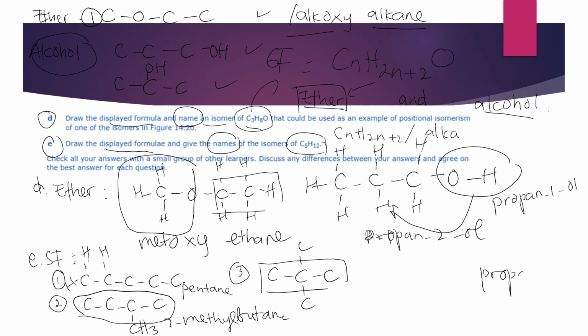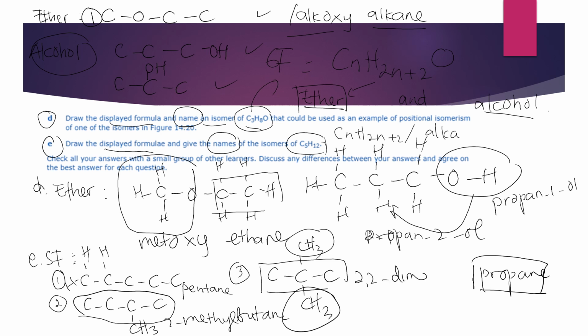There are 2 methyl here. This is for the name, not for the structure. This is propane. The branch 2-methyl. 2,2-dimethylpropane. There are 2 methyl, and dimethyl in carbon number 2 and number 2.